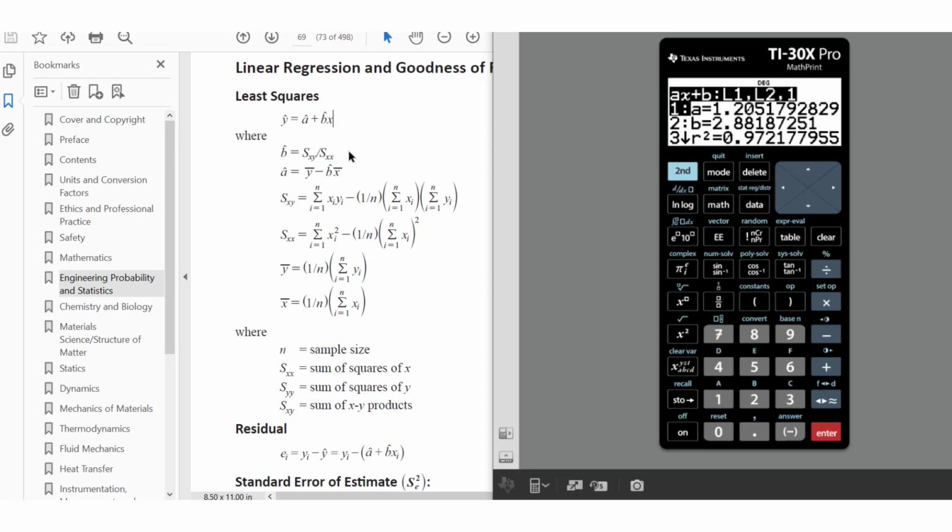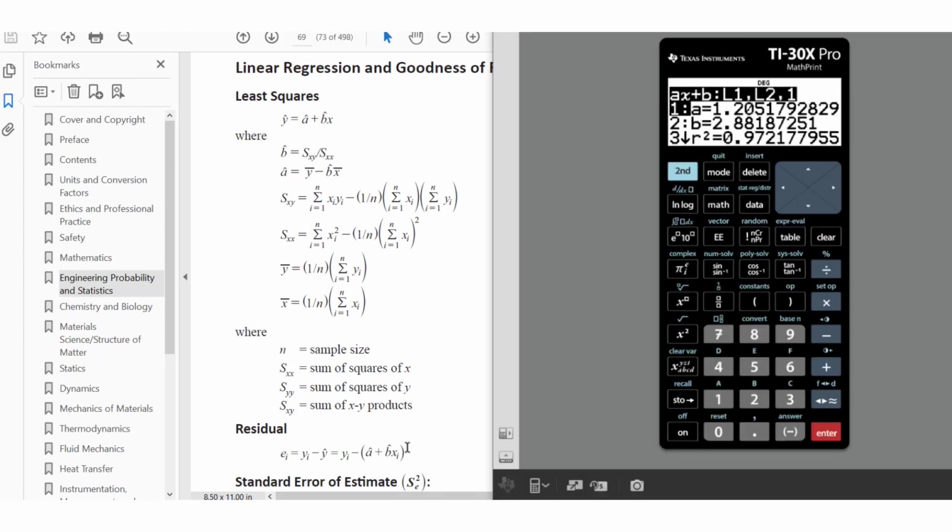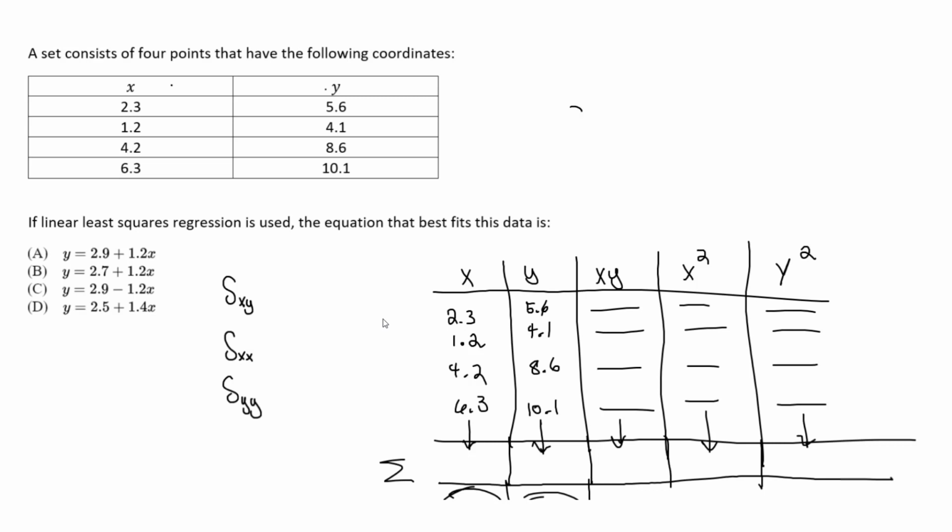But note here that our A value is going to be our B value, and our B value is going to be our A value. So you just have to remember that if you have this calculator. So that means our A value will be our B value. So let's write our B value as 1.2. I'm going to go here, write the B value as 1.2.